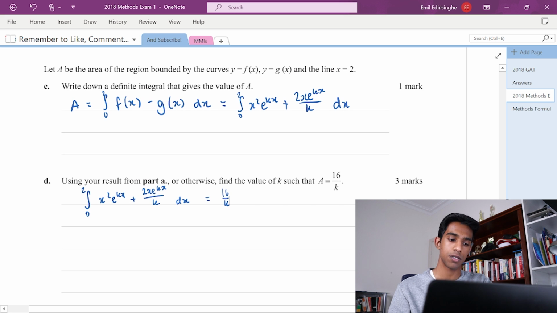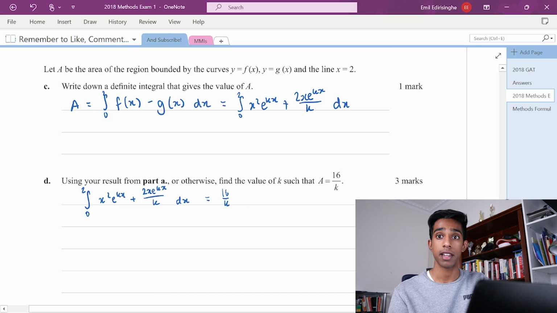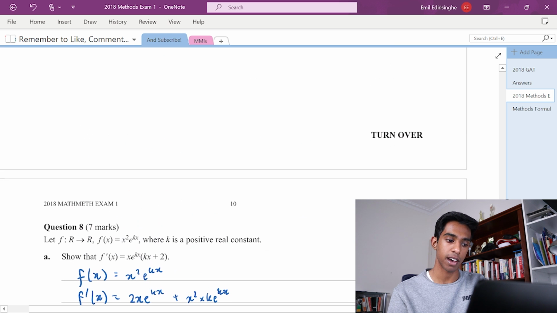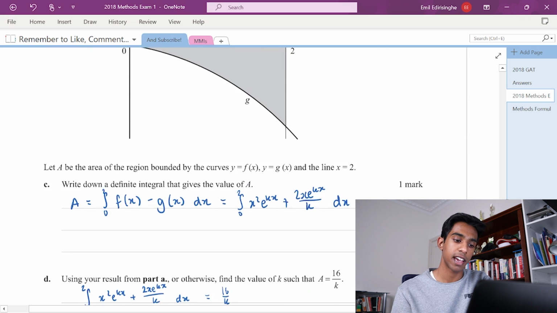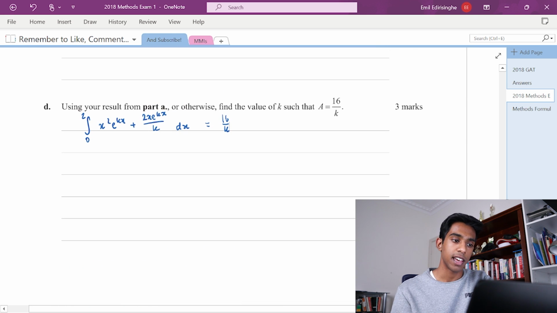And since they say using our result from part A, I'm thinking that the answer will probably have something to do with the integration of this, because we don't actually know how to integrate this in methods, but they give us the answer to part A, which looks something like it. So we work out the integral using this answer. I've got this part of the answer, 2x e to the kx plus x squared k e to the kx. And I realize that that is essentially what this is if we took out this k.